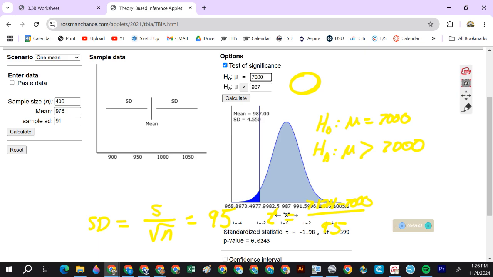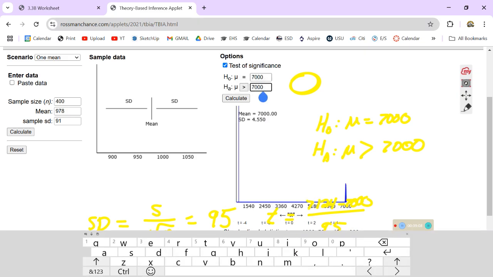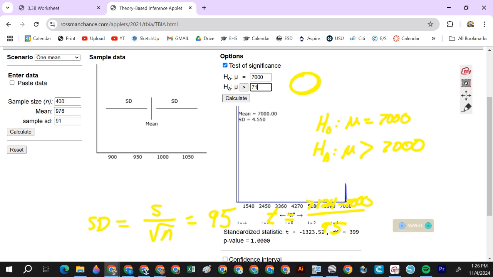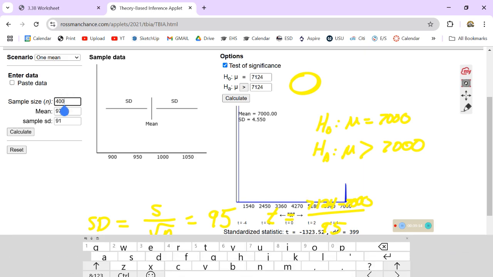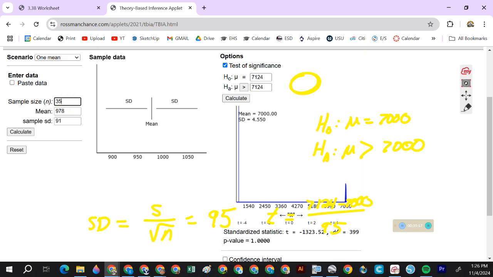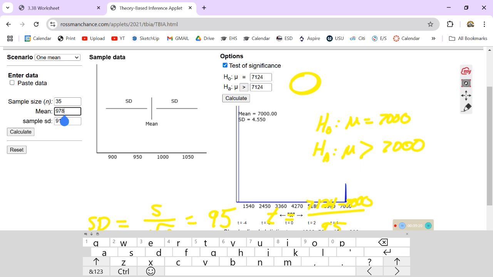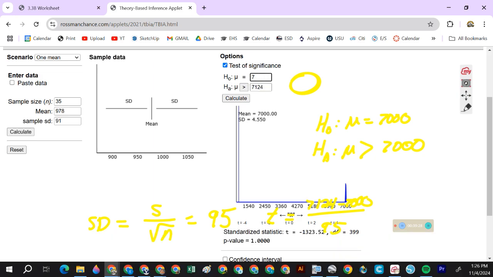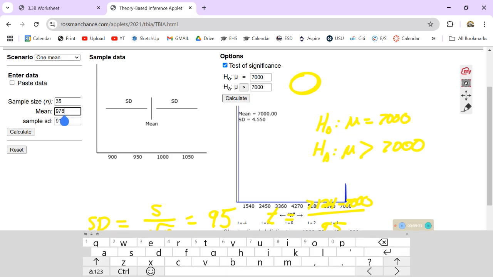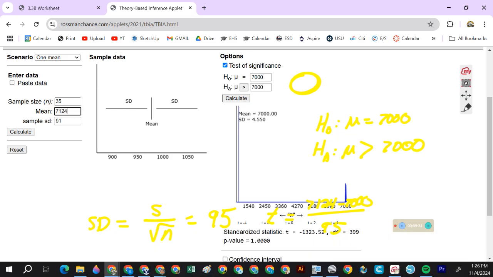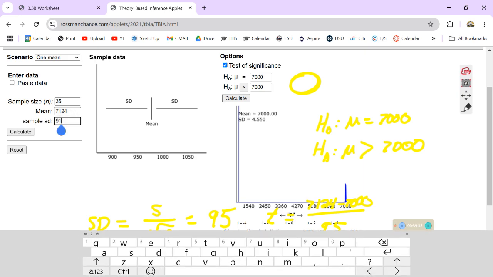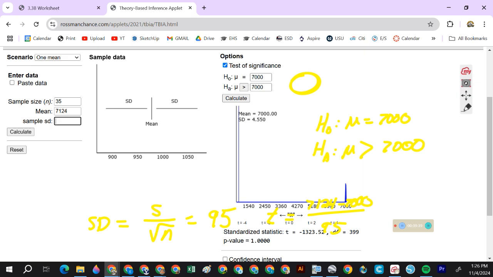So 7,000, and we want greater than, and 7124, and my sample size was 35, and my average, oh, oops, what am I doing? This is where 7124 goes. And my sample standard deviation, I don't remember what it was, 95? Okay.